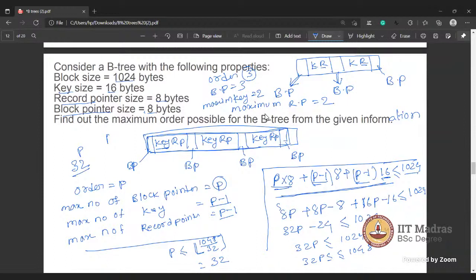Everyone got this numerical, right? How to solve these types of numerical? Yes, sir. Okay, so I'll simply change the values.